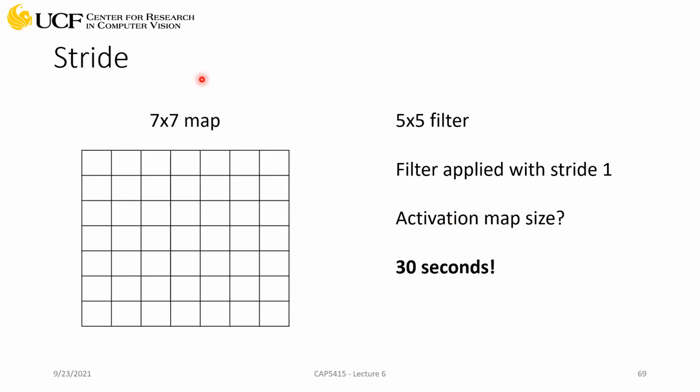Let's say you have an input feature map of 7 cross 7, and we are using a filter of 5 cross 5, and we are applying this filter with a stride of 1. What will be the resolution or the size of the activation map after this filtering operation? You can take 30 to 45 seconds and send me a direct message.